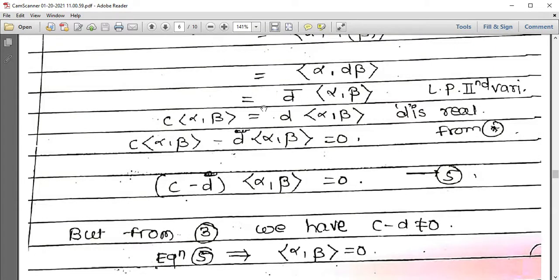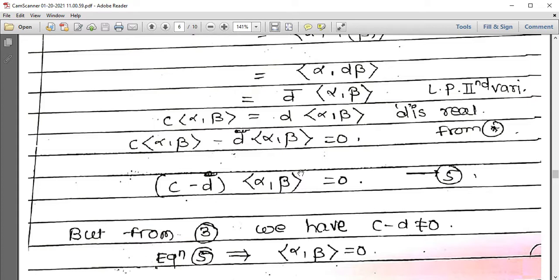Which is equal to D bar into inner product of alpha and beta by the linearity property of the second variable. D bar comes out of the second variable. So here it comes as D bar into inner product of alpha and beta. Which is equal to C into inner product of alpha and beta is equal to D into inner product of alpha and beta.